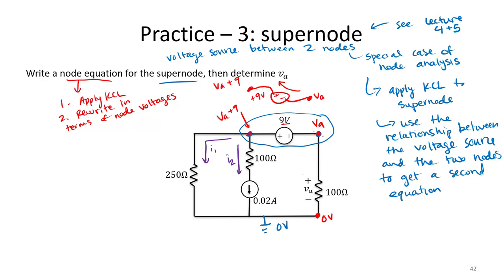Notice I1 and I2 are leaving from that VA plus 9 point. I3 is the current flowing from VA down to 0 volts. So if I apply Kirchhoff's current law with those currents, I have minus I1, minus I2, minus I3, and everybody sums to 0.